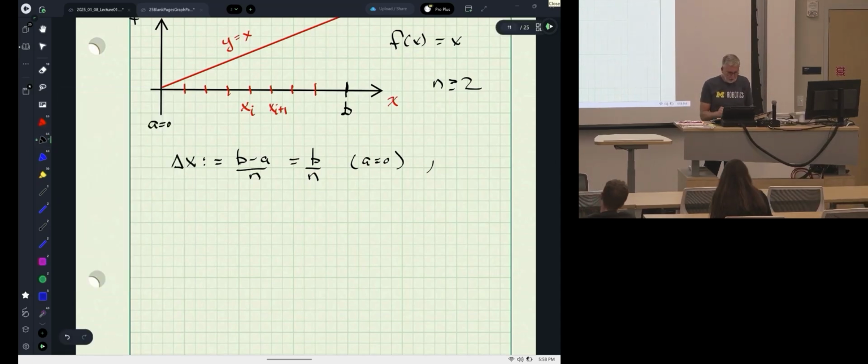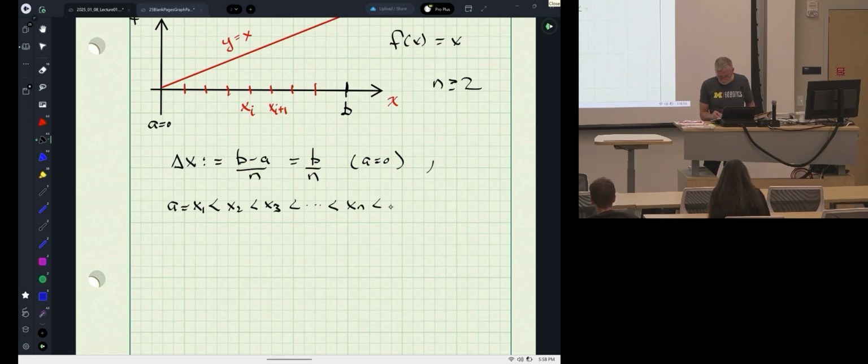Associated with this delta x, we have a nice regular grid. A equals x1 less than x2 less than x3 dot dot dot less than xn less than x n plus 1, and that's equal to b. So 0 is A, the way I'm doing my triangle.